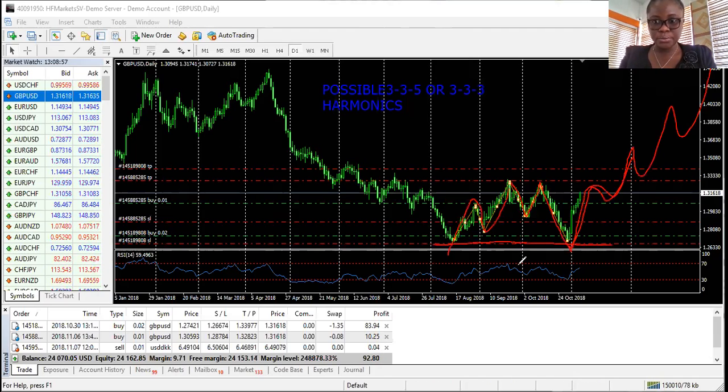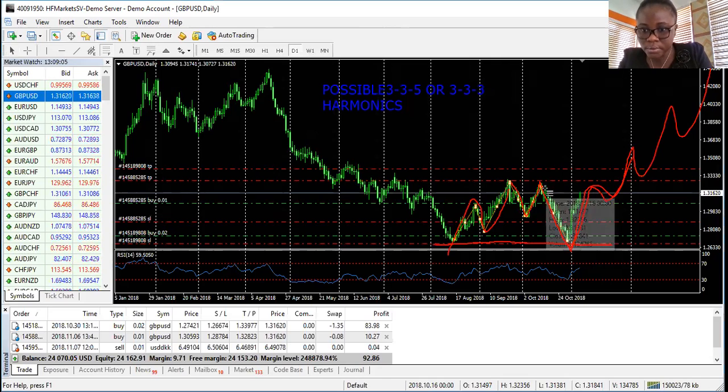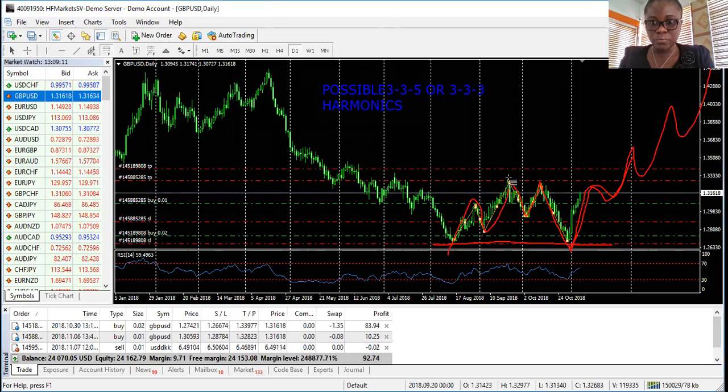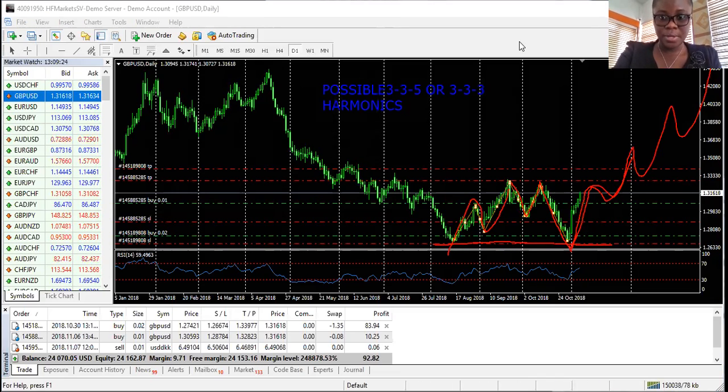So let's use the Fibonacci ratio to see what we will have here. Looking at the first 3 and another 3, we could get a possible bigger 3.